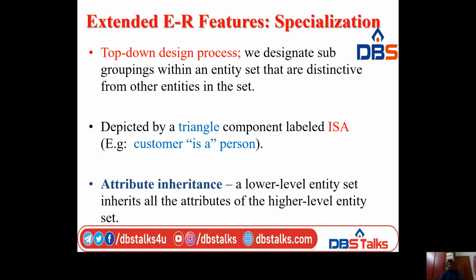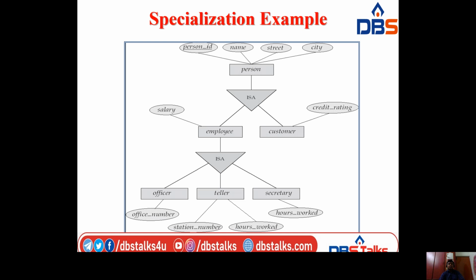A lower-level entity set inherits all the attributes of the higher-level entity set. Lower-level entity sets inherit from the higher-level ones. Now a specialization example: this is person, with the ISA, person is a, employee and then customer.